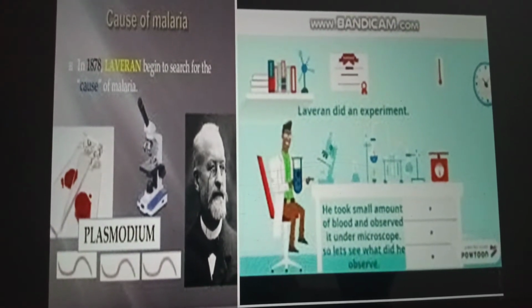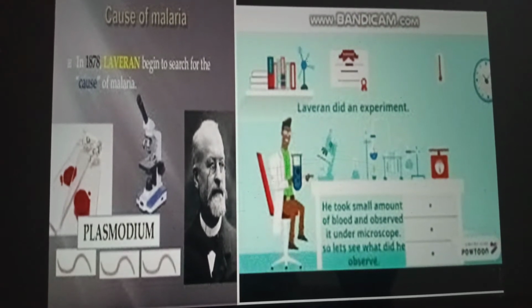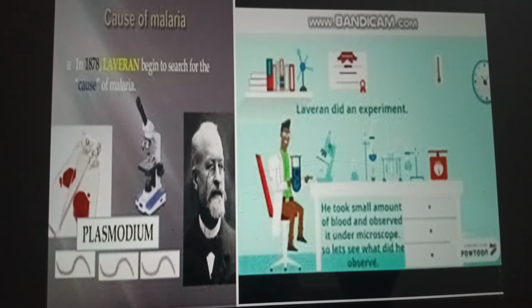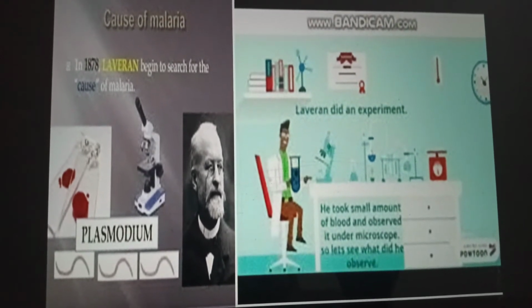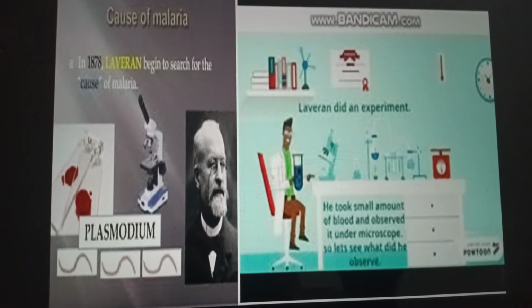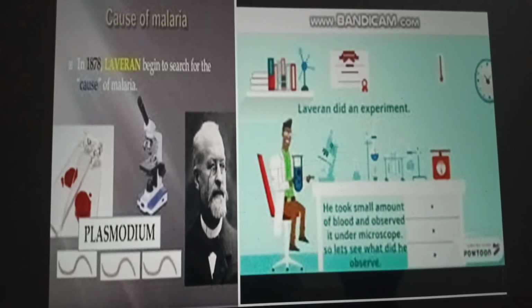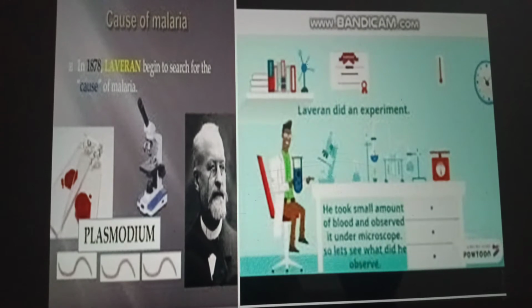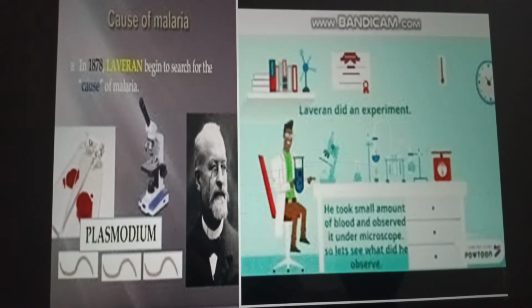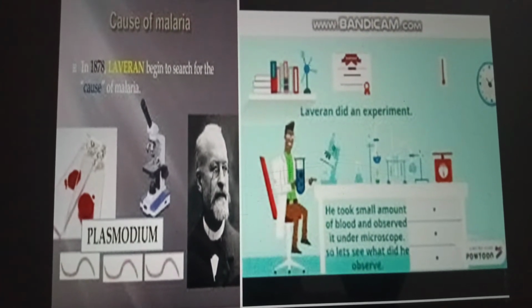At the same time, physicians treated malaria with cinchona without understanding the cause of malaria. 200 years later, it was found that some diseases are caused by tiny living organisms. After this discovery, it also became a belief that malaria too might be caused by some microorganisms.